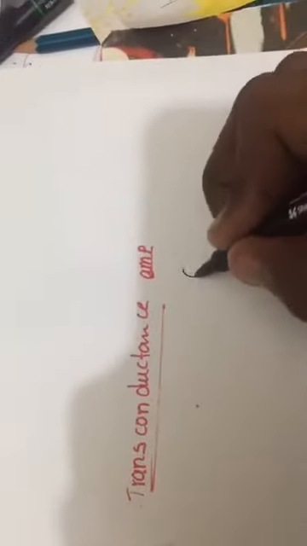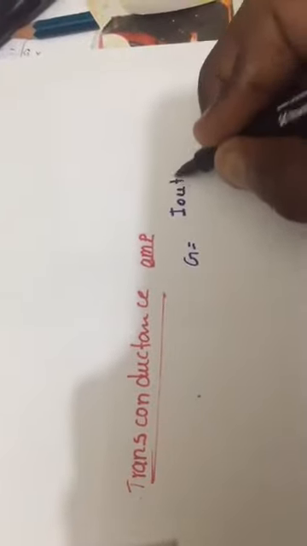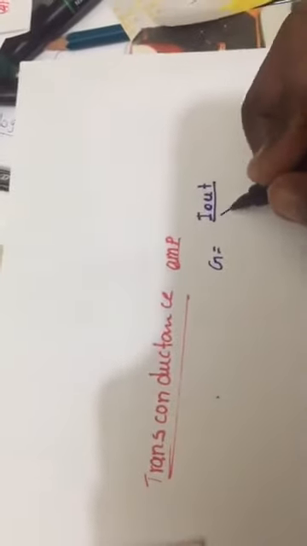In this type of amplifier, before we go to the gain, let us draw the circuit, or from the gain we can also know the circuit. Our gain is equal to I output. You have to memorize all those gain formulas.